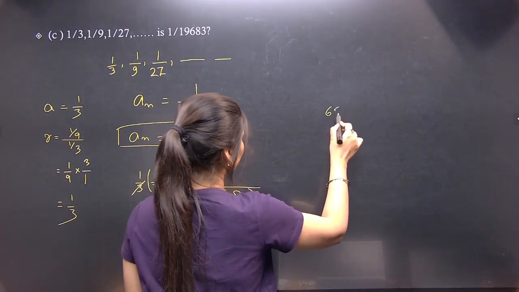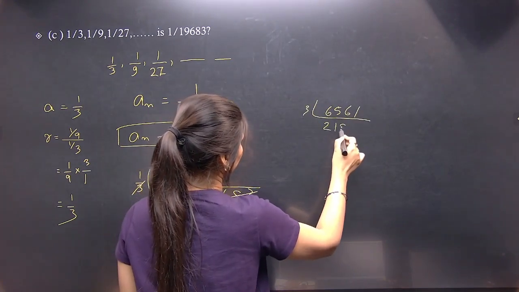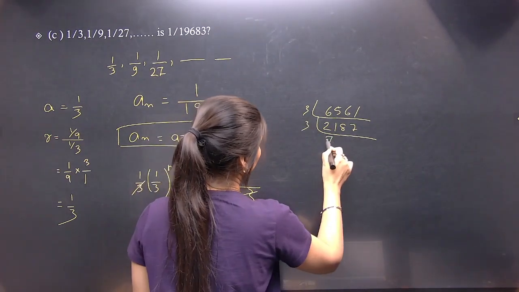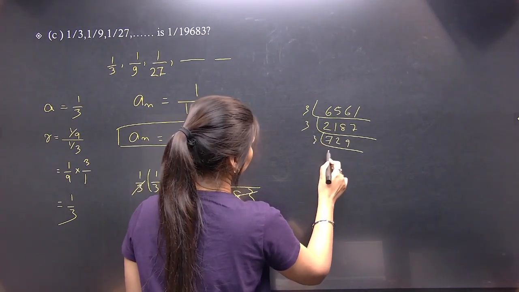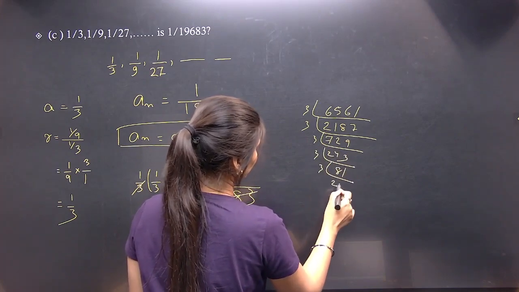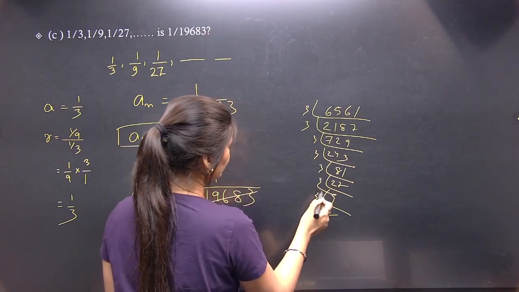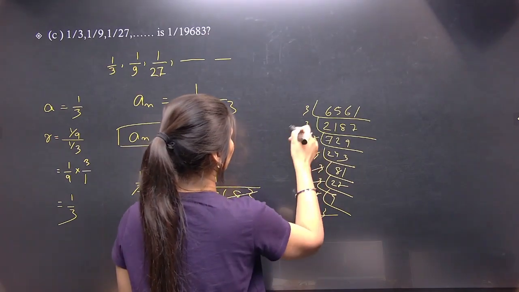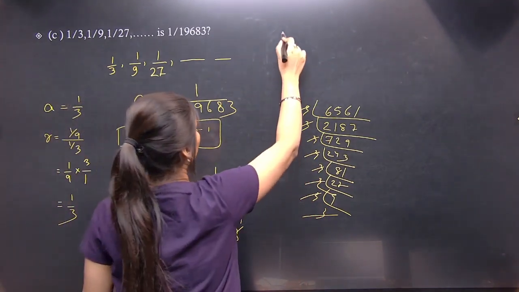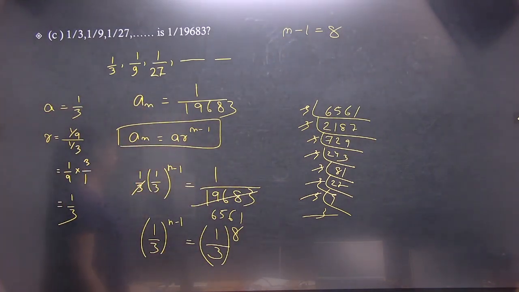So 6561. 1, 2, 3, 4, 5, 6, 7, 8. So it is 3 to the power 8. So n minus 1 is equal to 8 and n is equal to 9. Got it?